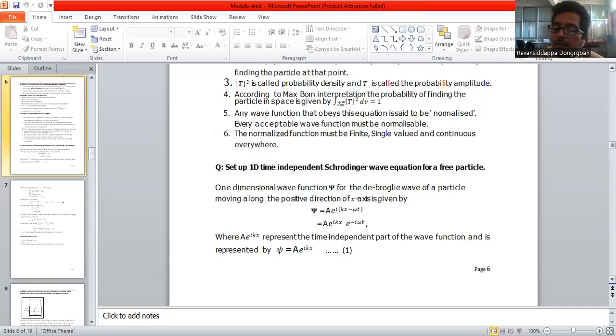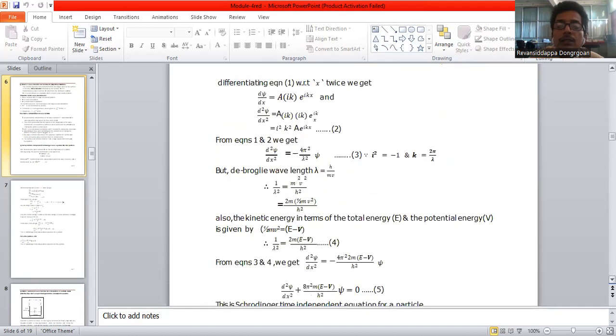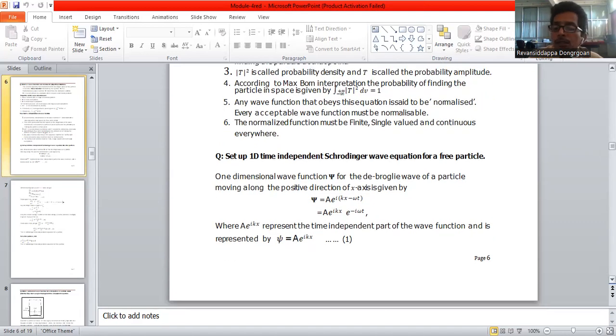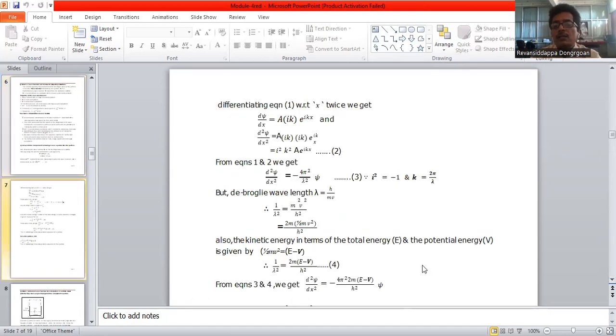Next, go through the screen also. Now you differentiate equation number 1 with respect to x twice. Psi is equal to A into e to the power of ikx, so ik, the propagation constant, is here.